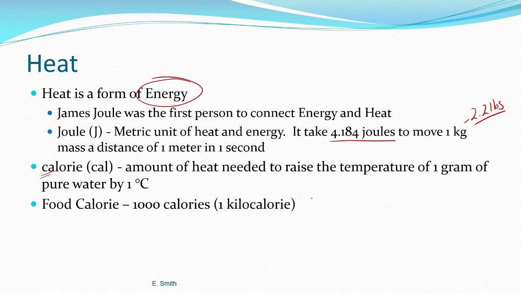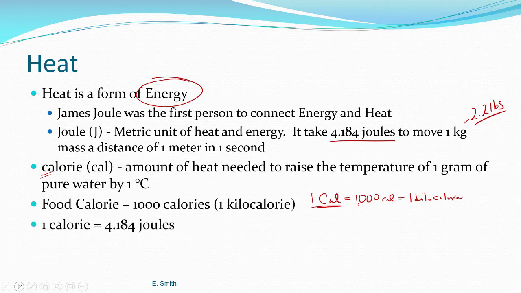So again, 1 food calorie is equal to 1,000 chemistry calories, which is equal to 1 kilocalorie. And don't forget, the food calorie was developed in America, because we don't do metric. Now, the relationship between joules and calories is that 1 calorie is equal to 4.184 joules.